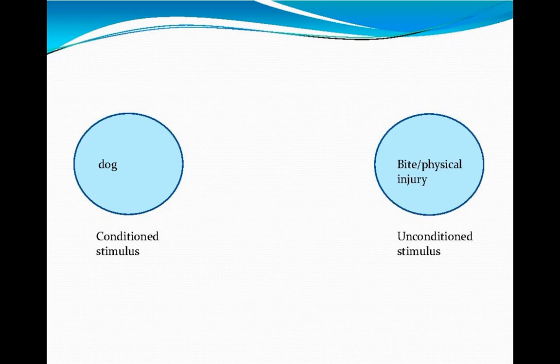Initially, there's no relationship between those two. But if a child is bitten, then the dog is now a predictor of that unconditioned stimulus. So seeing a dog signals the possible occurrence of a bite or physical injury. Those two are now connected. And not just connected, but the dog is a predictor of the negative outcome.